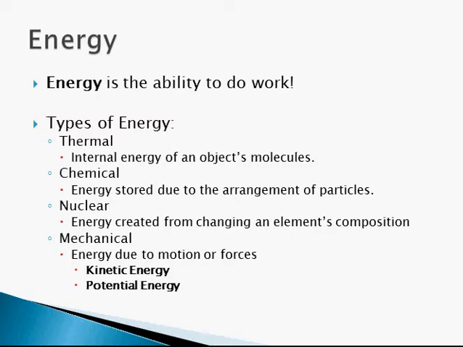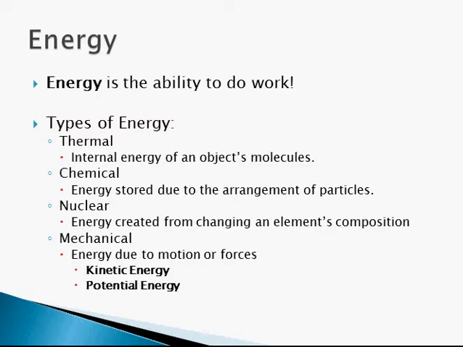Taking that a step further, we have nuclear energy, which is the energy due to an element's composition and how it changes. For instance, radioactive decay, that whole idea is that that element is actually shooting off electrons or neutrons, and that's actually changing what the element is. So that's a type of energy.